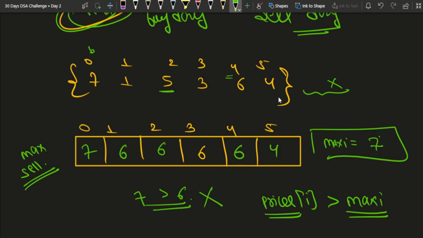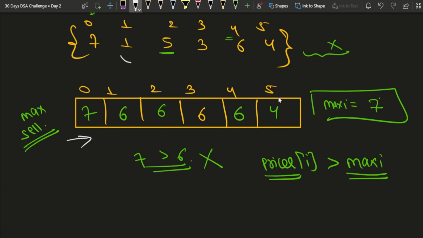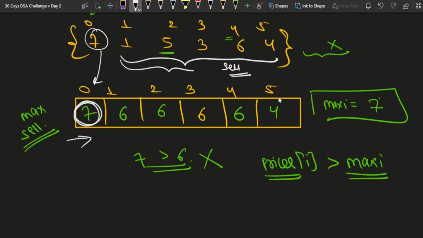Now you might get confused: sir, what does this maximum selling array signify? It signifies the maximum selling price I can get in the future. But here you have stored 7, and 7 is not in the future. Will it affect our answer or our calculation?